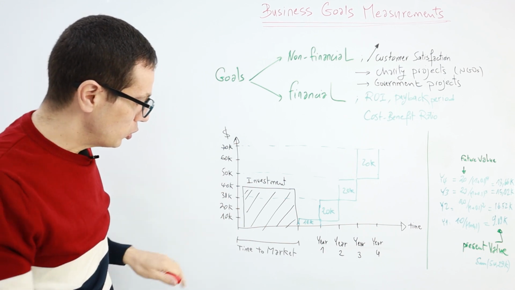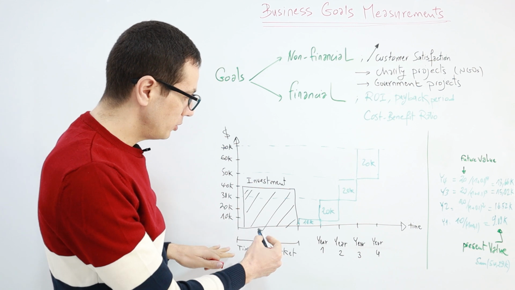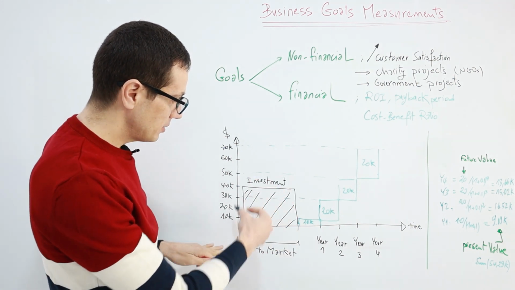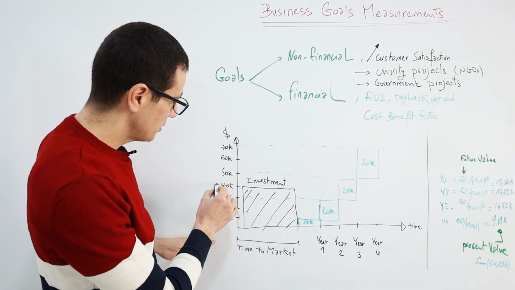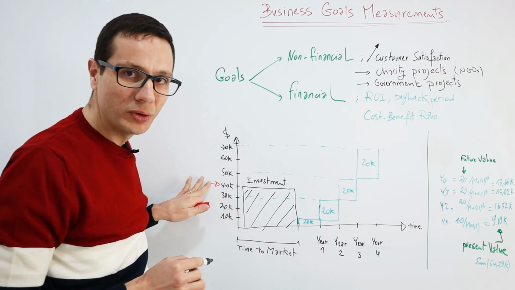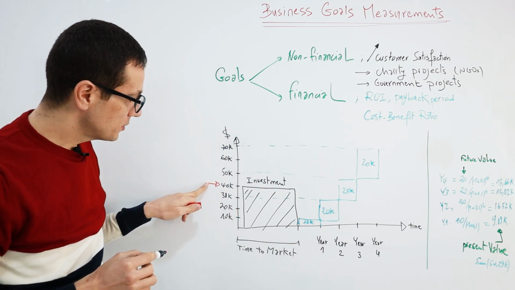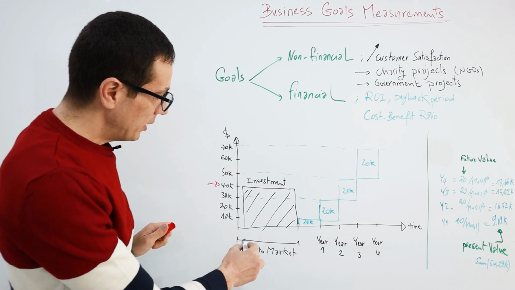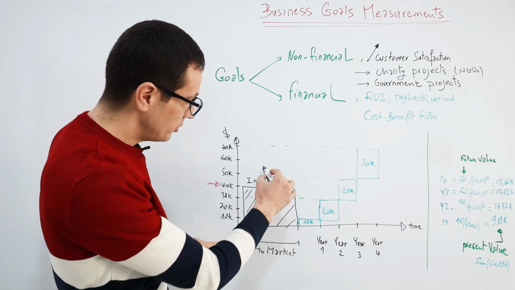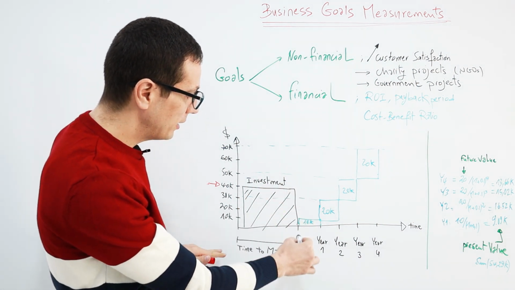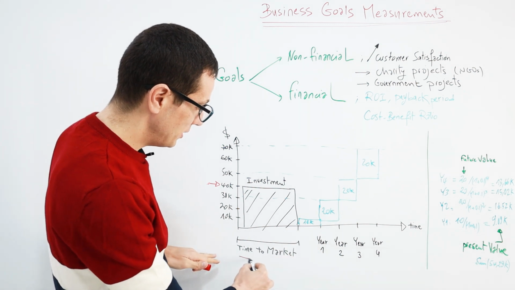All right, so imagine you are going to lead an investment. That investment will cost you $40,000 US. The period in which you are going to work until launching the product is usually called time to market.